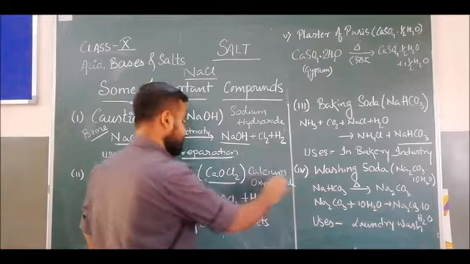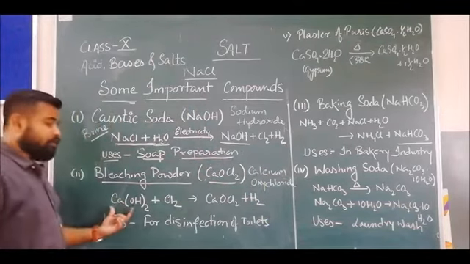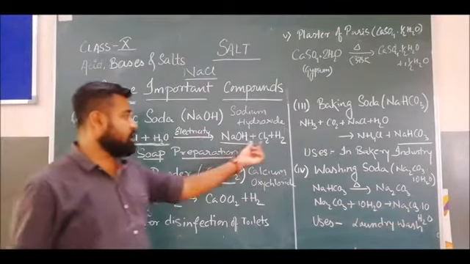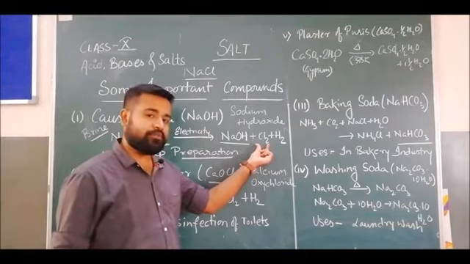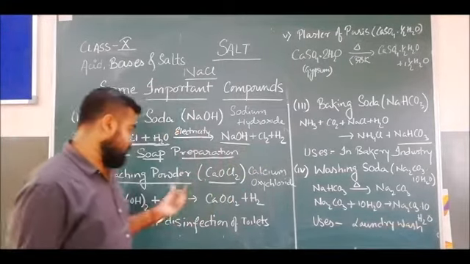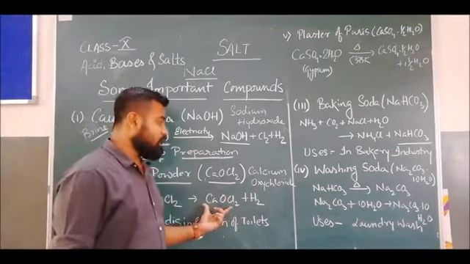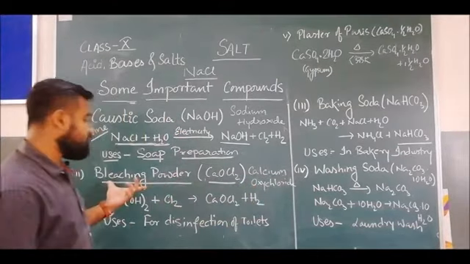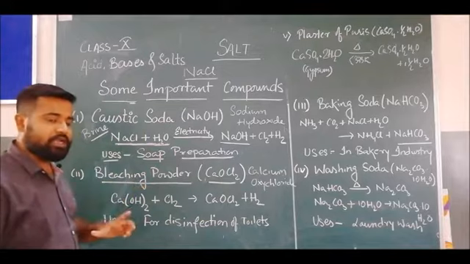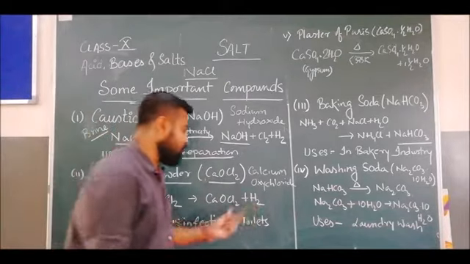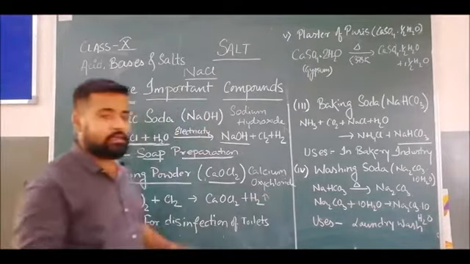Clear? So, when calcium hydroxide is treated with the chlorine gas obtained in the first method, it gives calcium oxychloride, whose commercial name is bleaching powder. And here we will get the byproduct hydrogen gas again.